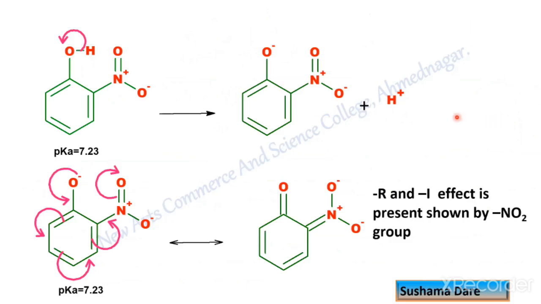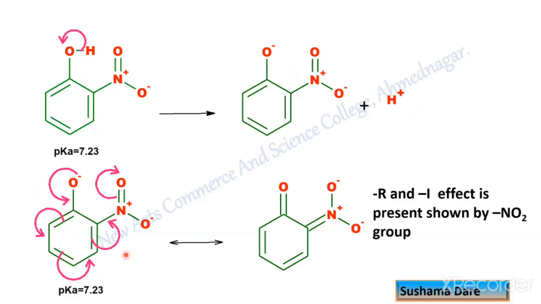Now this is the orthonitrophenol. Orthonitrophenol, as it is an acid, after the dissociation, that is once the proton is released, the conjugate base and H plus ion are generated. Now look at this conjugate base, how it is stabilized by way of resonance.